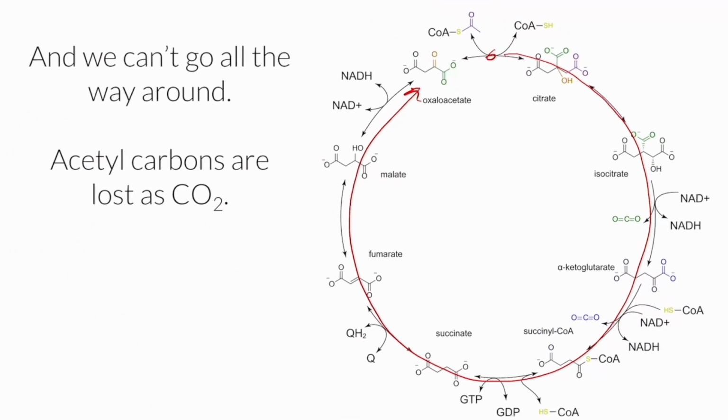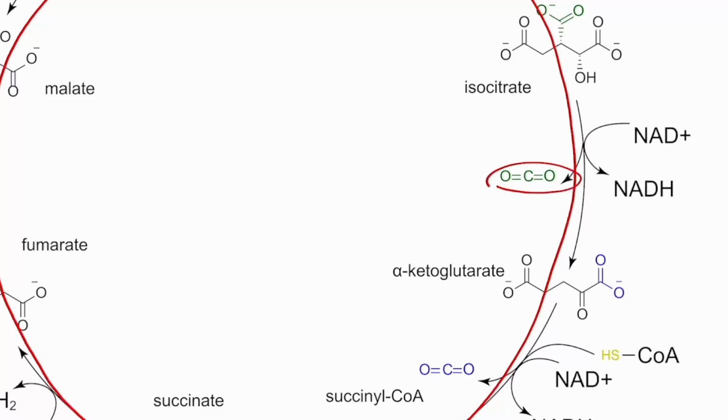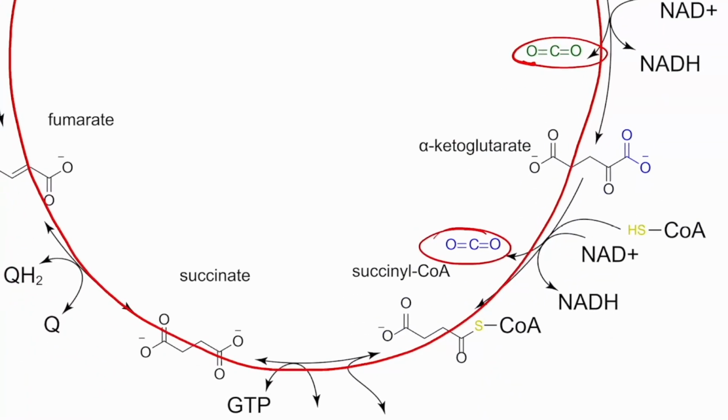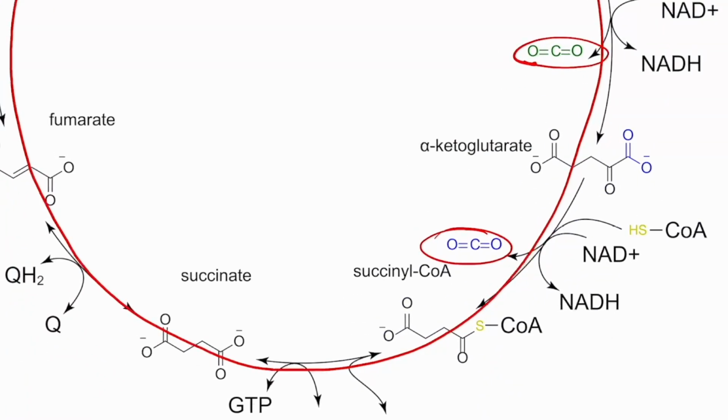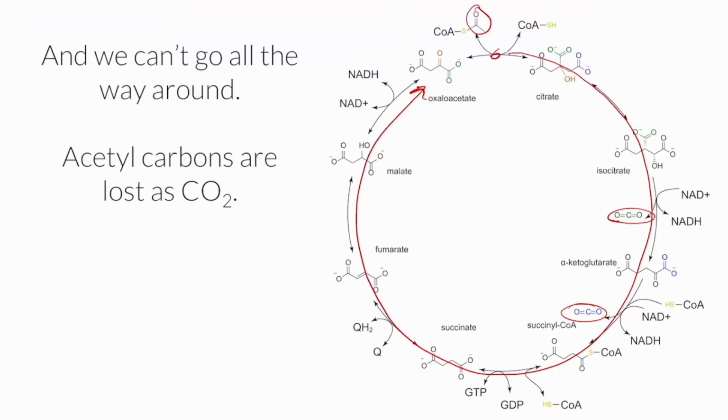So if you look at this, we have acetyl-CoA coming in, 2 carbons, 1 carbon, 2 carbons. Those get kicked off as carbon dioxide. And if you recall the net reaction for the citric acid cycle, it's literally acetyl-CoA plus a bunch of things like NAD+ goes to carbon dioxide plus CoA plus a bunch of other things like NADH, right? It's gone. The carbons are lost.